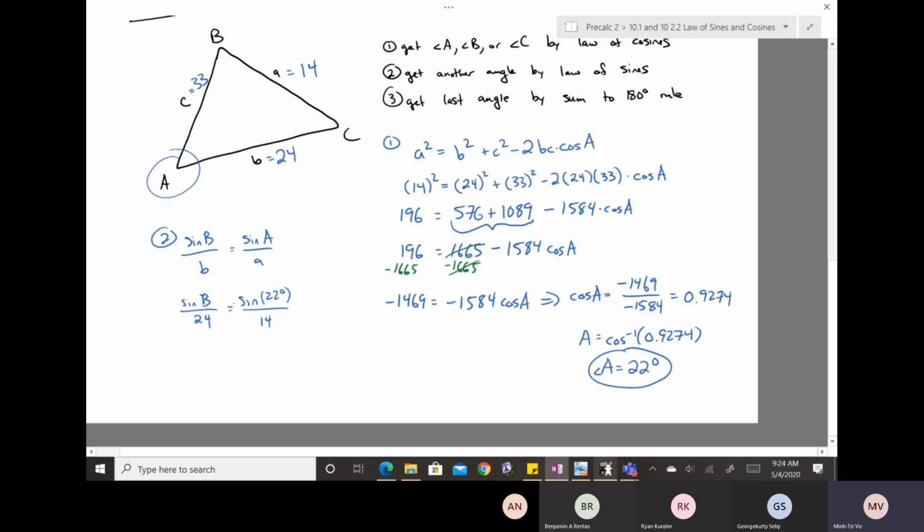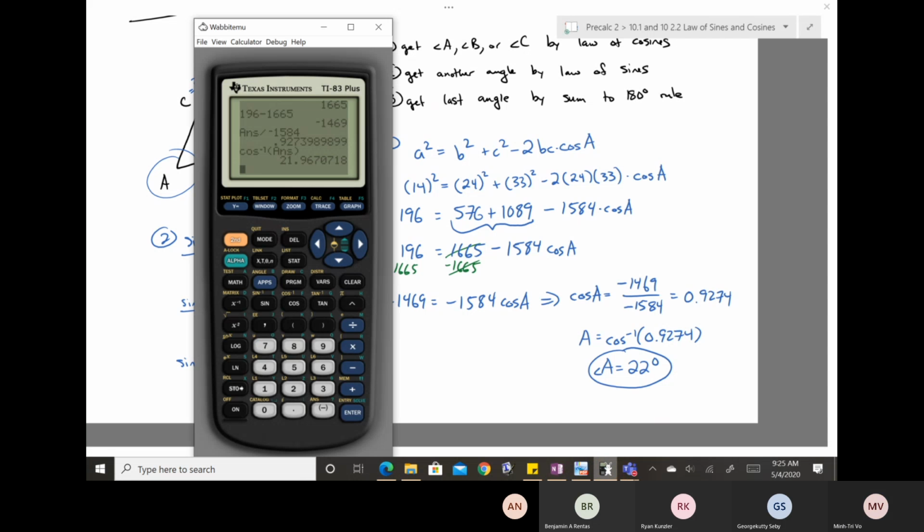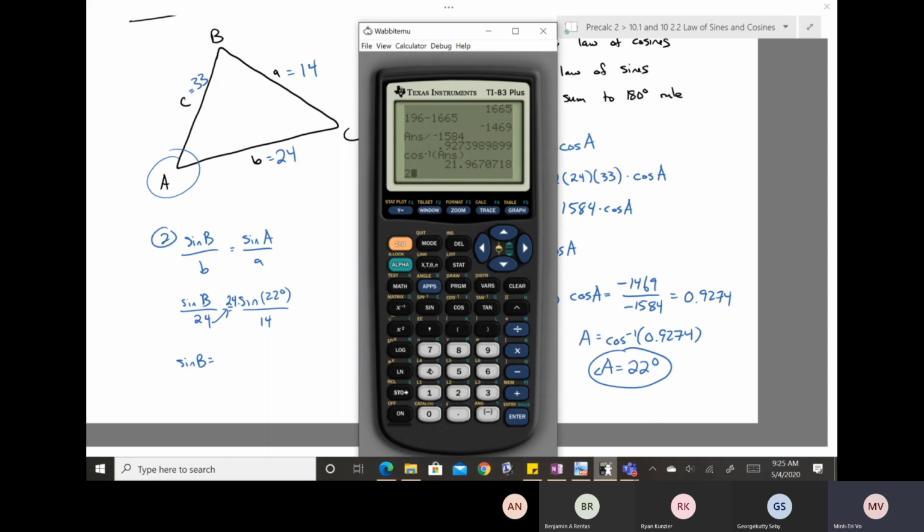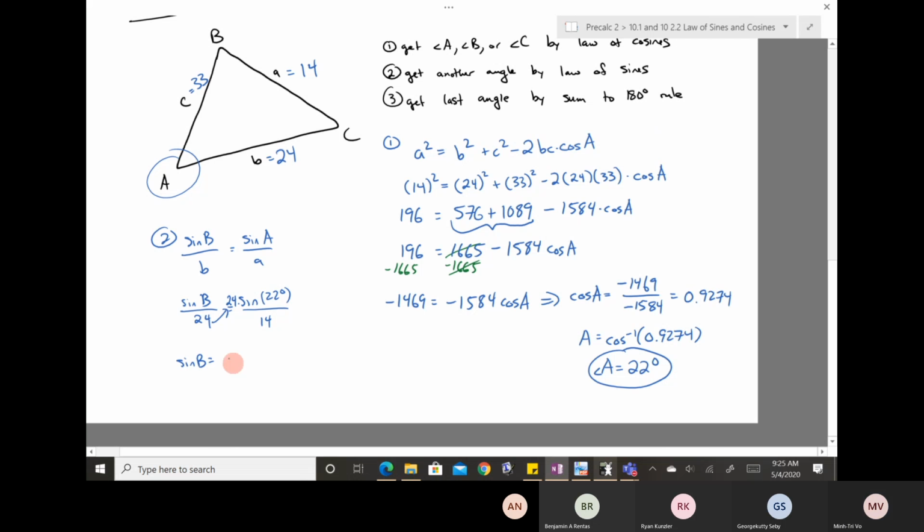So again, I multiply by 24. So that means that sine B is equal to 24 times sine A, and again I'm going to avoid rounding error by not using 22, but the previous calculation, divided by 14. So that's 0.6413.